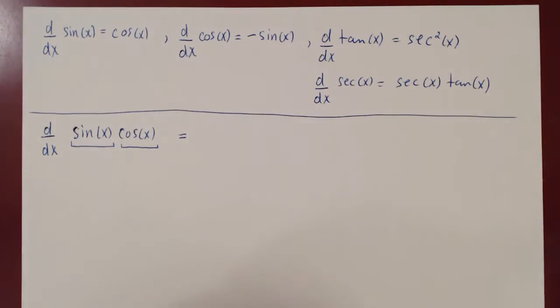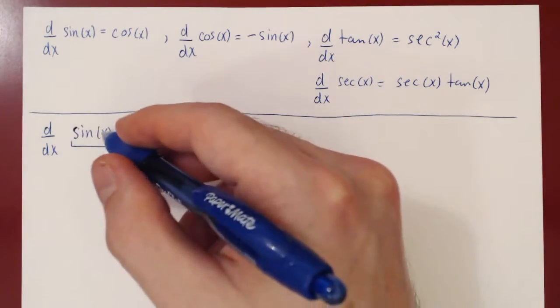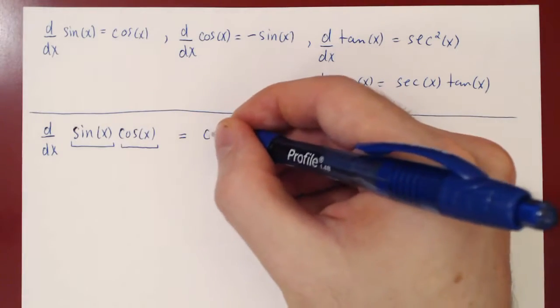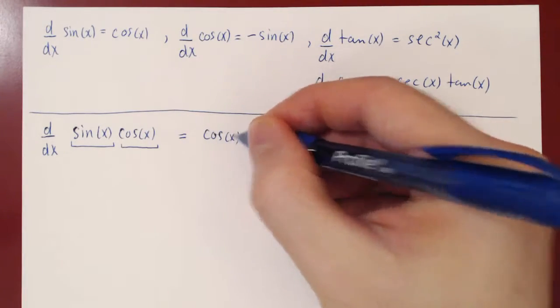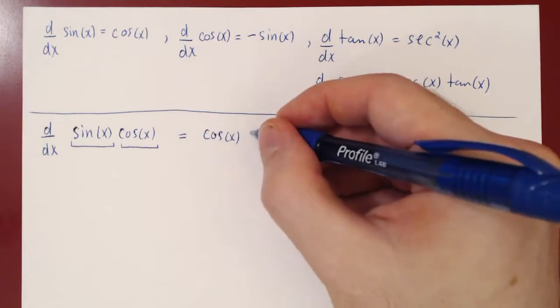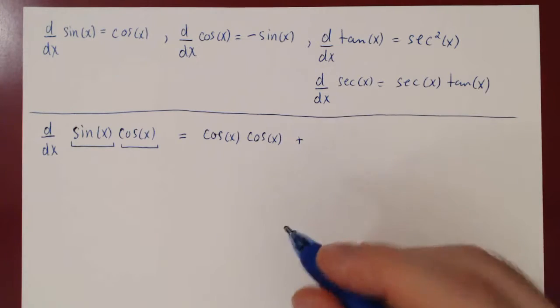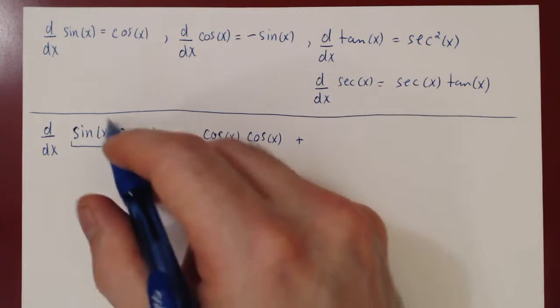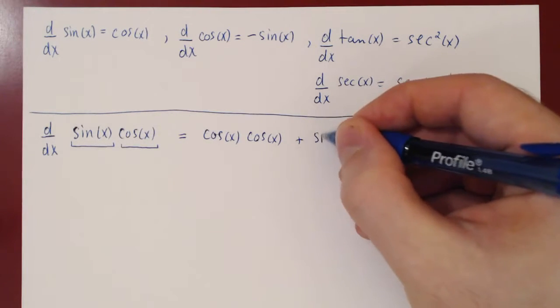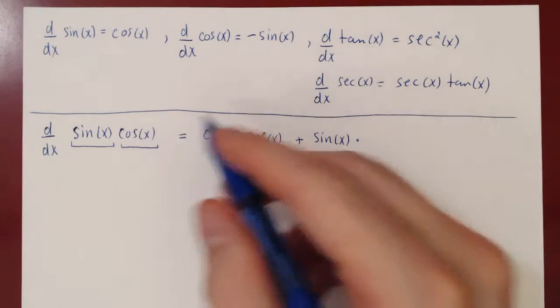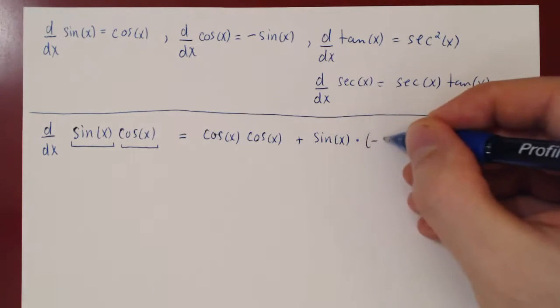The product rule says the first term is the derivative of the first function, and the derivative of sine is cosine of x, so we'll get cos of x times the second function, cos of x, plus, and now we differentiate the other function, so plus the first function, sine of x, times now the derivative of cos of x, which we know to be negative of sine of x.